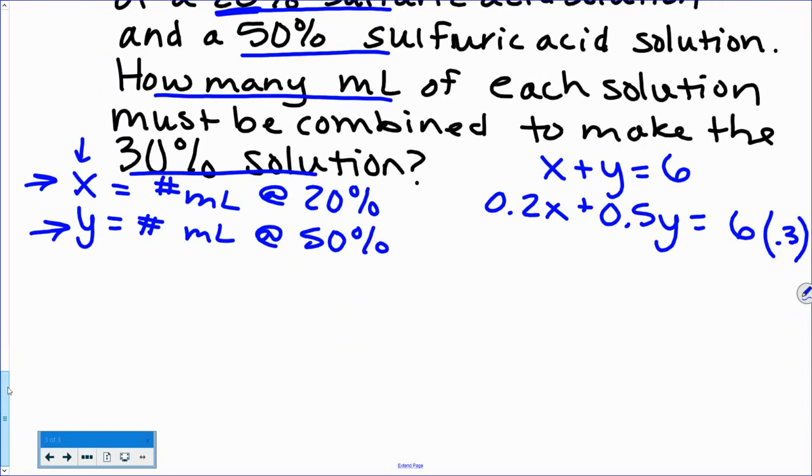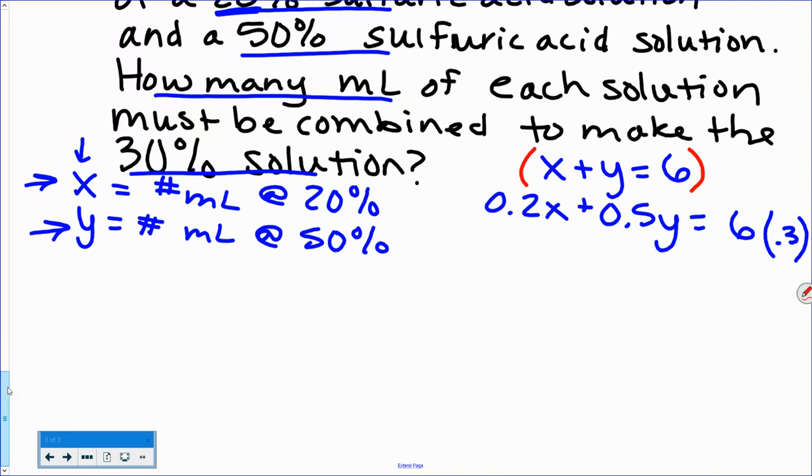From here, once again, elimination or substitution is up to you. We can multiply by some decimals on top if that's easier, or we can get x or y by itself if that's easier. Ultimately your choice. I might go ahead and multiply by decimals this time.